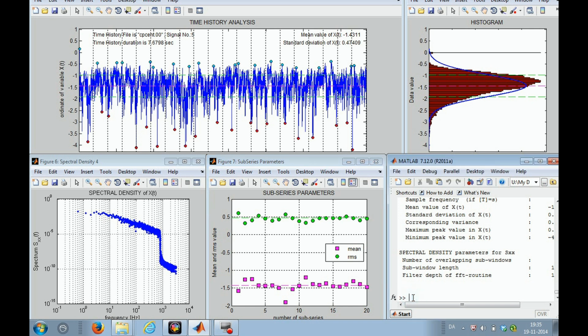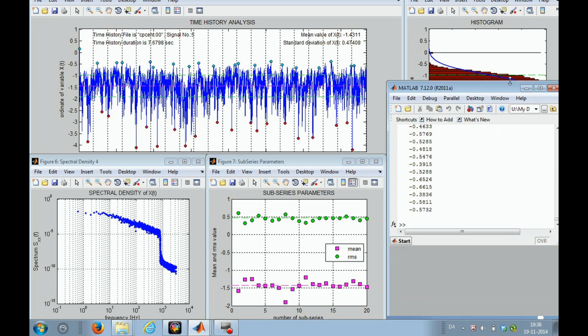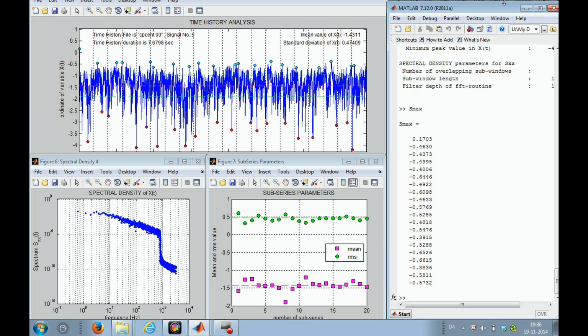For example, if we go to the command window and type smax with a capital S, it gives out all the maximum values from the subseries, as smean would give all the average values.